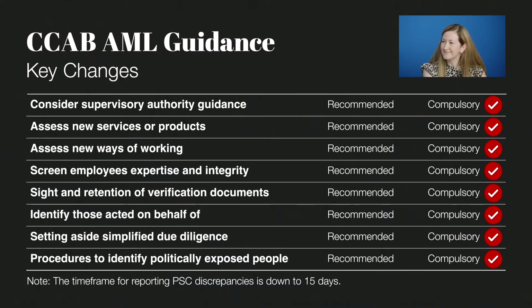Great. And for me, I think the considering the supervisory authority guidance, I should probably point out, if it wasn't clear from this graphic, that all these items that you see on screen were in the original guidance, but they actually changed how much emphasis there was on it. So all these items on the list were described as each practice should consider them.